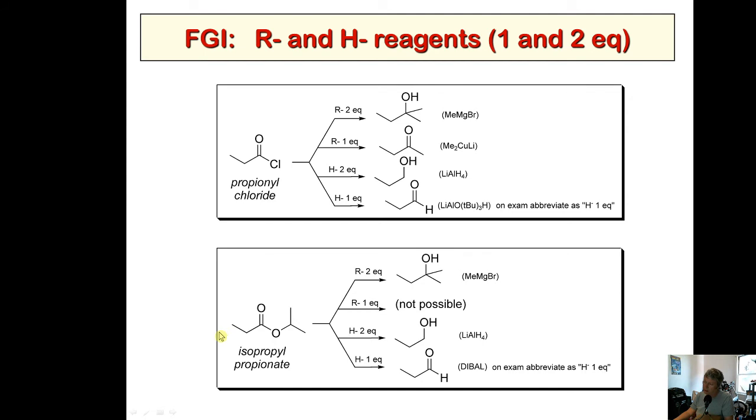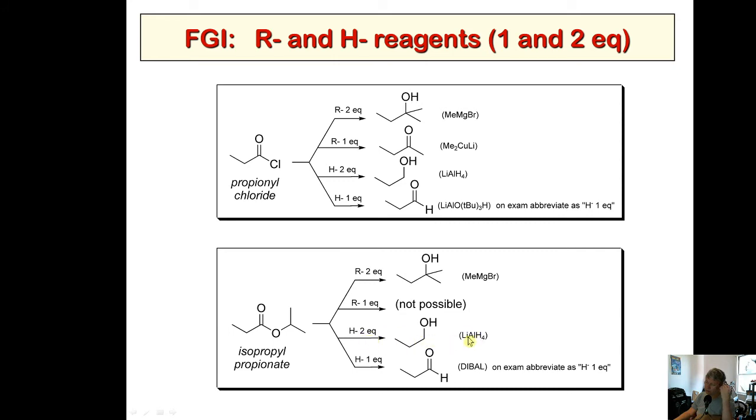Okay, for example, esters. With esters, if you want to add two things, use a Grignard, and that gives you a tertiary alcohol. What if you want to add R minus 1 equivalent, like we did up here with the cuprate? Well, you can't do that. Esters don't do that. There's no R minus 1 equivalent version for esters. What about H minus 2 equivalents?